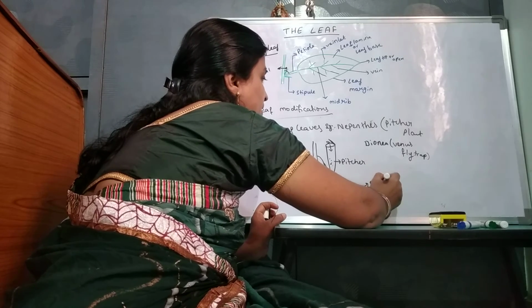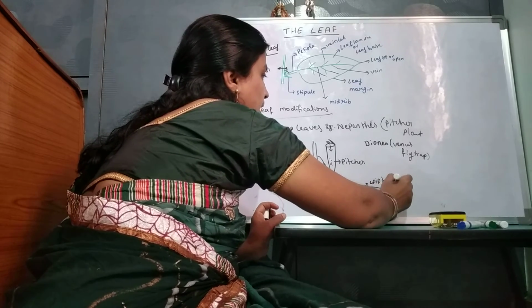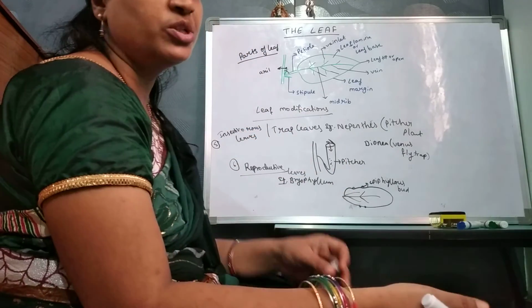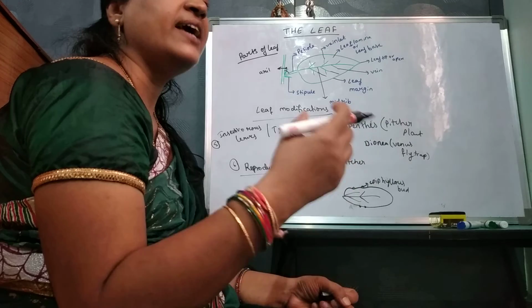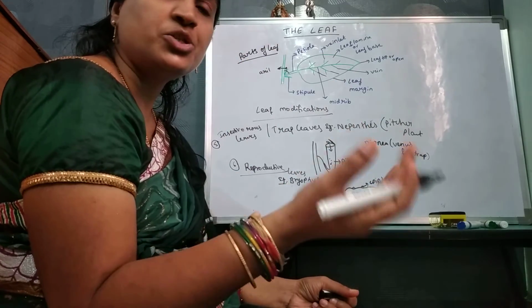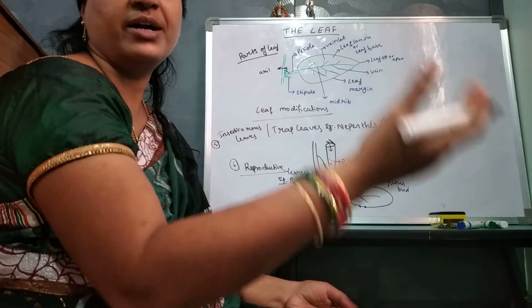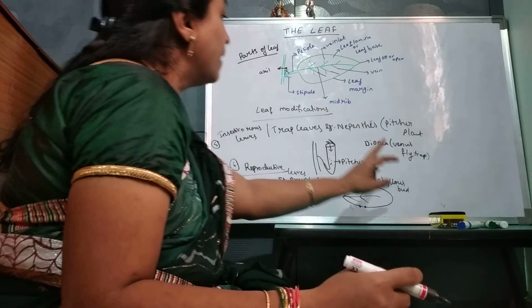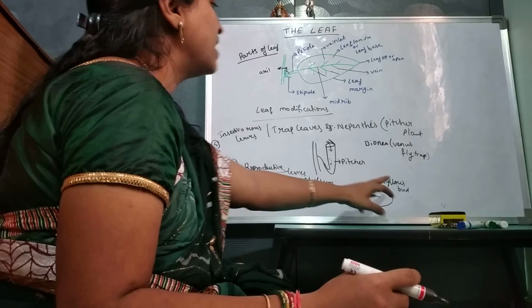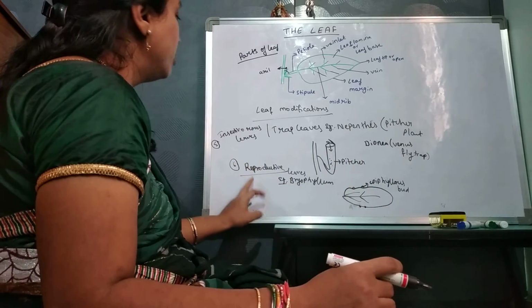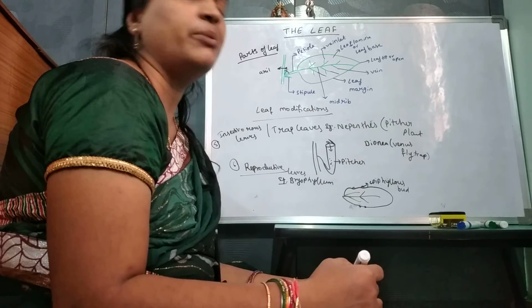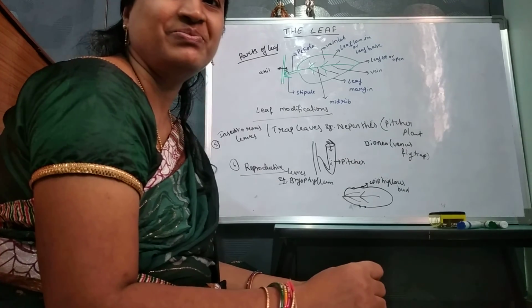And these epiphyllous buds, when they get detached from the leaf and fall onto the soil surface, they develop adventitious roots and develop into a new plant. So reproduction. Which reproduction? Vegetative reproduction, vegetative propagation. So the Bryophyllum leaf bears epiphyllous buds which are useful for reproduction, vegetative propagation. This is about the reproductive leaves.